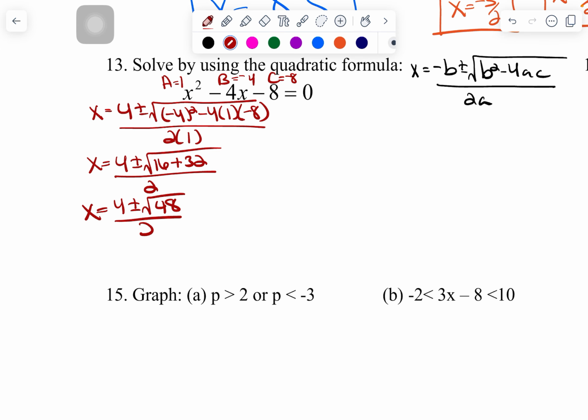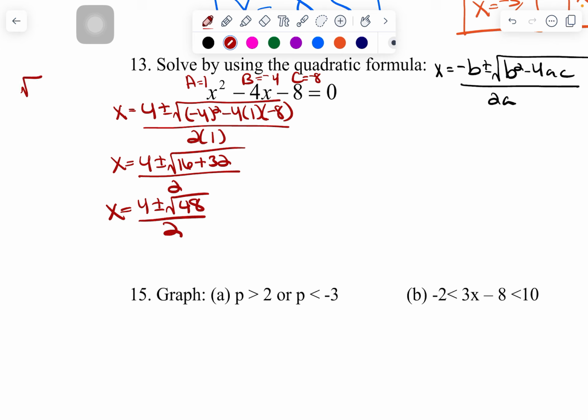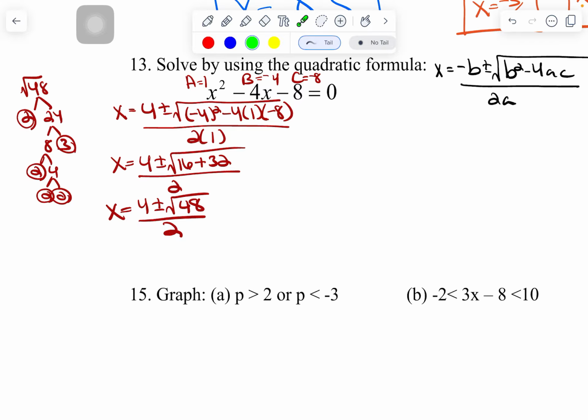48 all over 2. So let's see, I need to simplify the square root of 48. So we're going to do 2 times 24, 8 times 3, 2 times 4, and 2 times 2. If I collect all that up, I've got 4 2s and a 3.